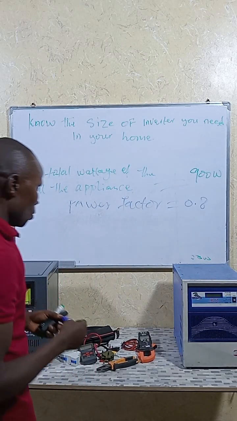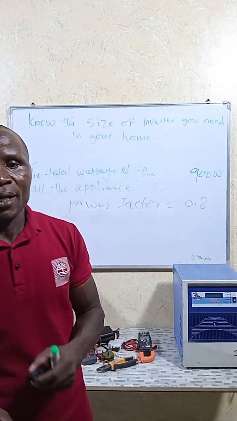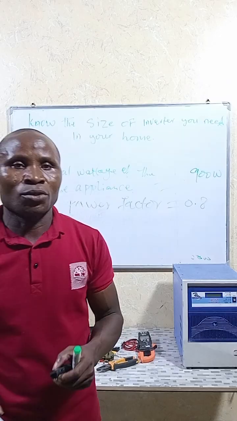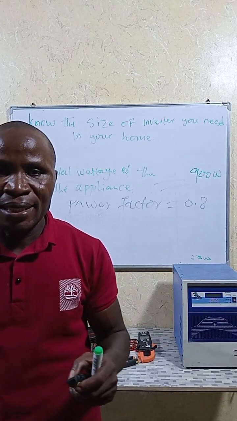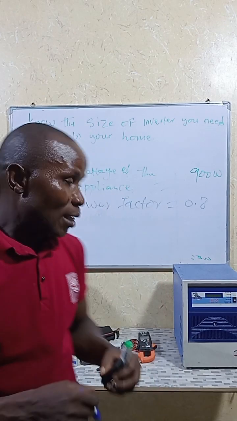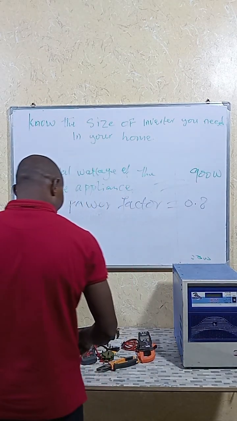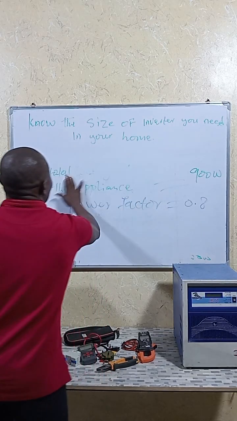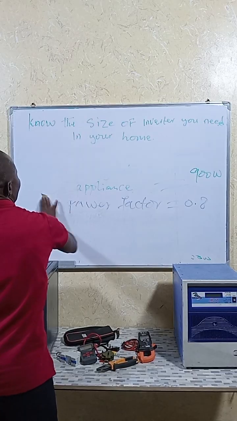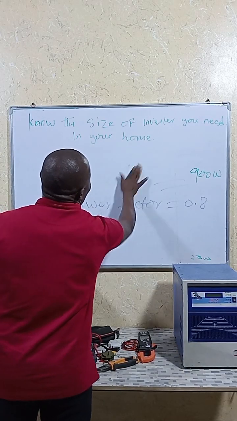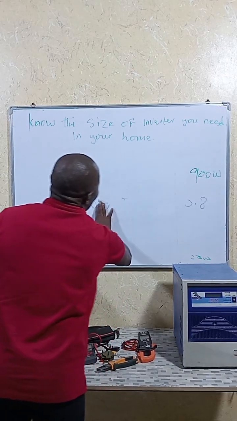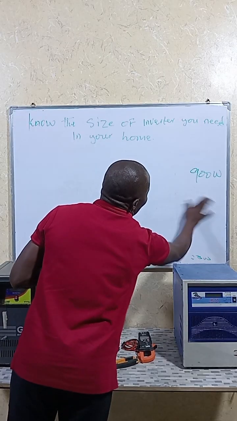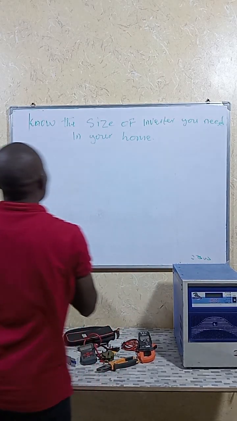So the rating of the inverter that we need is the total wattage, 900 watts, divided by the power factor. Our power factor is 0.8.